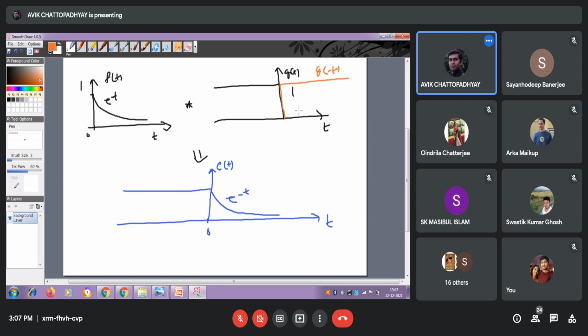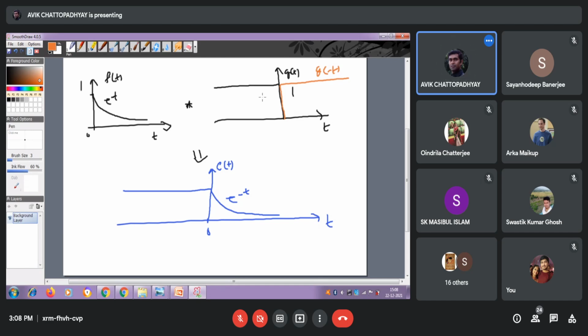That value is 1. Now, keeping this fixed, I have flipped this, so you have to slide this signal. You are trying to slide this signal with respect to this to the left hand side. What is going to happen?